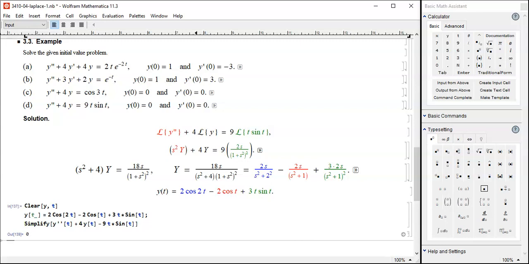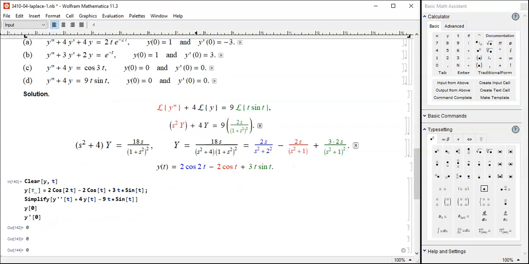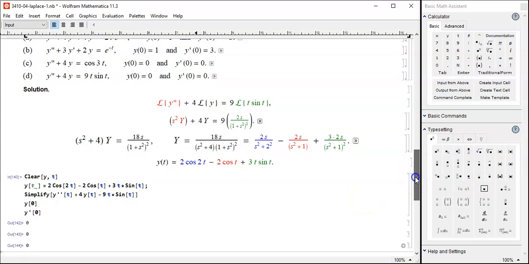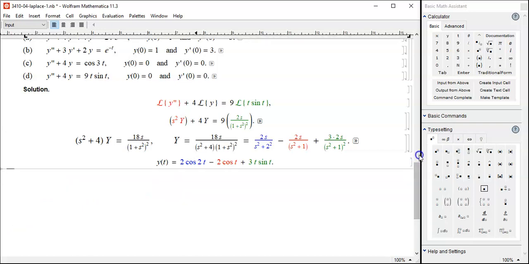Okay, it satisfies the differential equation. And how about the initial conditions? Yes and yes. So this is the solution. Wow, it was a challenge problem, but it turned out okay. We had to use some technology in the middle part, but that's normal.